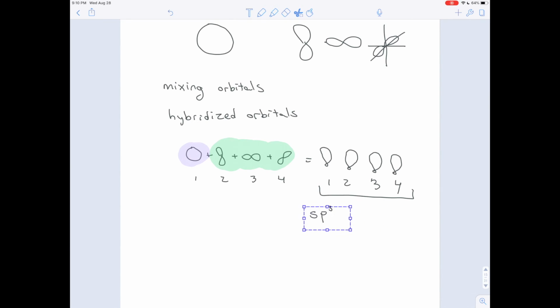So I'm going to move this over here. For sp3 orbitals, you mix the 1s with all 3 of the p's. You get these hybridized orbitals over here. And notice, I'm just going to make a very important note here. There are no p orbitals left over.